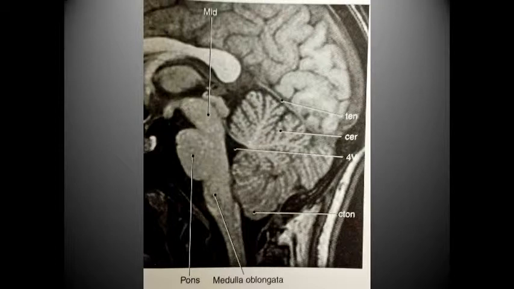Here we have the cerebellum, we have the tentorium cerebelli, we have the pons, and then posterior or inferior to it we have the medulla oblongata, and superior to the pons is the midbrain.